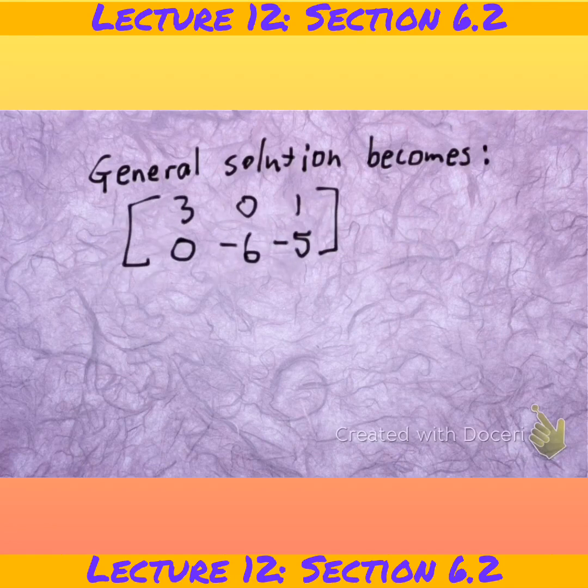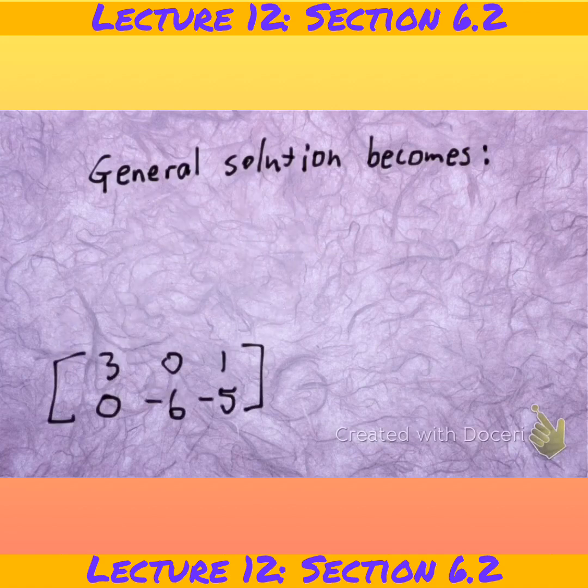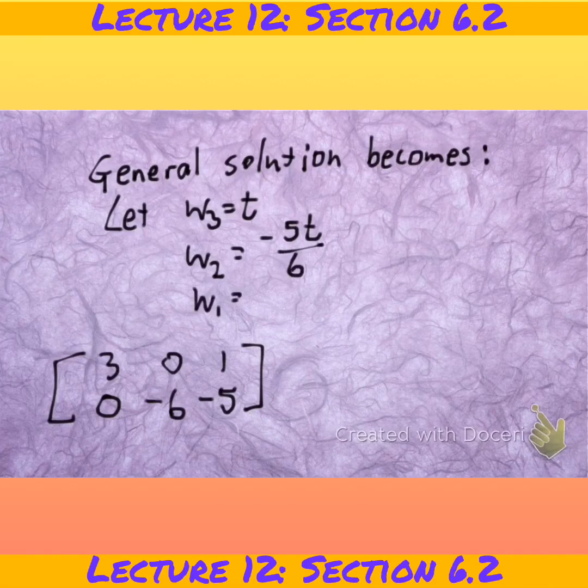Knowing what that matrix is, you can let w3 be t, and then w2 is going to become, and w1 is going to be minus a third t.